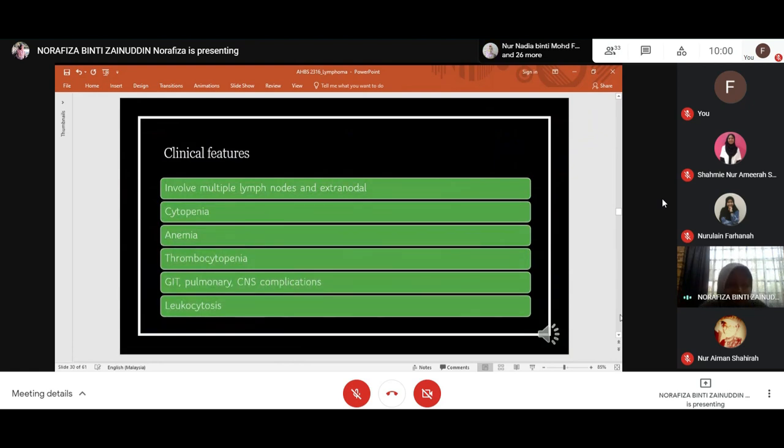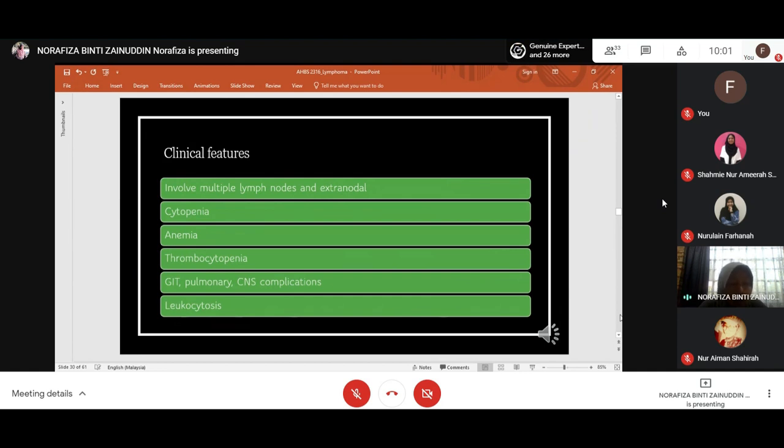These are the clinical features. It involves multiple lymph nodes and sometimes extranodal sites. In the throat, usually tonsils and adenoids. In the liver, in the GIT. Okay, these are the sites that are always involved, apart from spleen, marrow, and also blood, and also lymph node, of course. And patients with MCL suffer from weight loss, fever, night sweats.